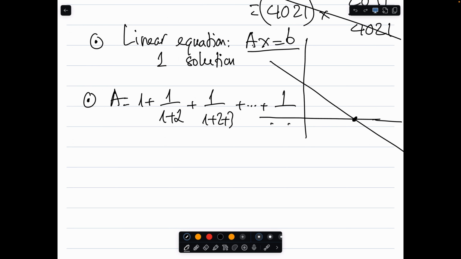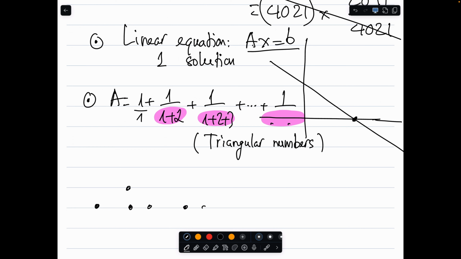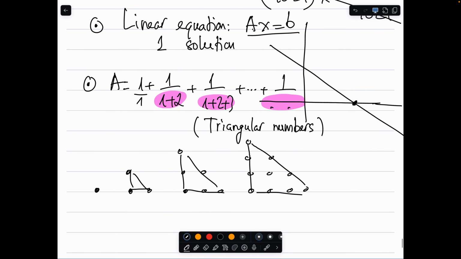So this sum is interesting because the numbers in the denominator are triangular numbers. The first is that, the second is this triangle, the third triangular number is 6, the next is 3 2 1. You see, they make a triangle number, and for triangular numbers we can have a formula.